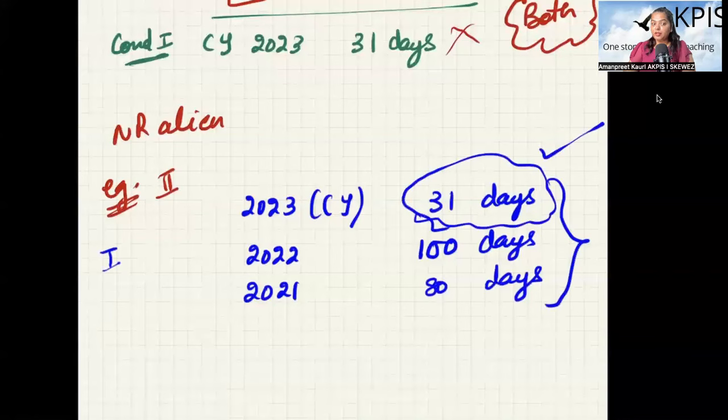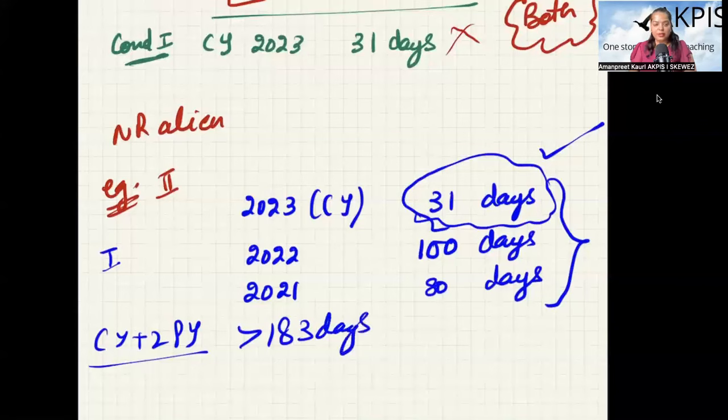Now it becomes mandatory to check condition number 2, because the second condition also needs to be satisfied. The second condition is current year plus 2 previous years, at least 183 days or more. If we add all these days, it's more than 183 days. So he's a resident alien.